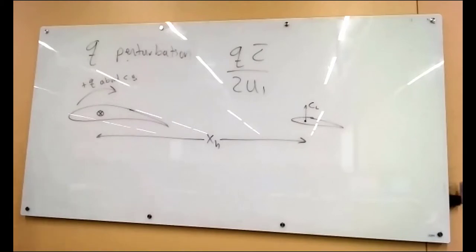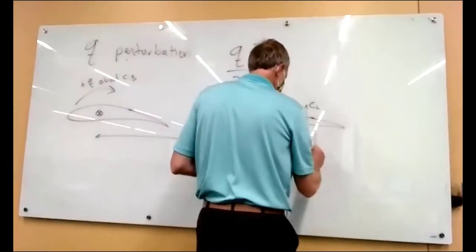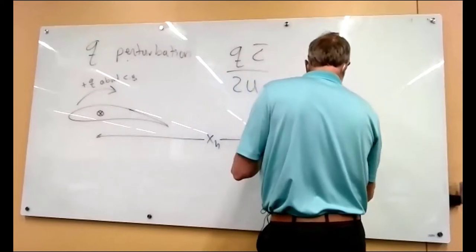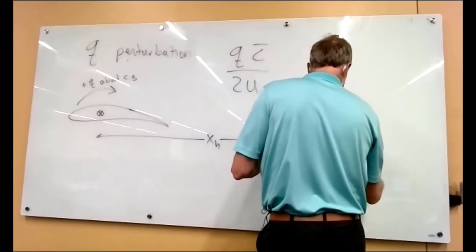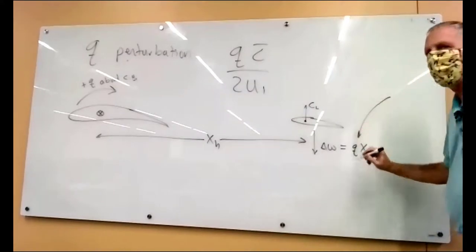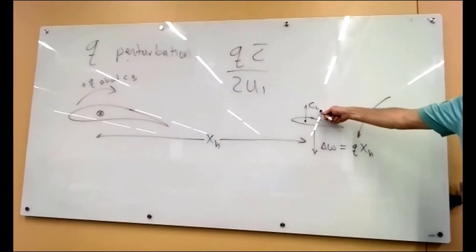Radius times rate per time gives the downward velocity. And so we get a delta vertical velocity that's q times xh, and that's how q gets into the formula, because that's an increase in angle of attack that produces CL.